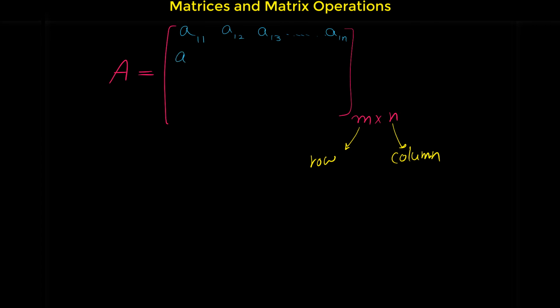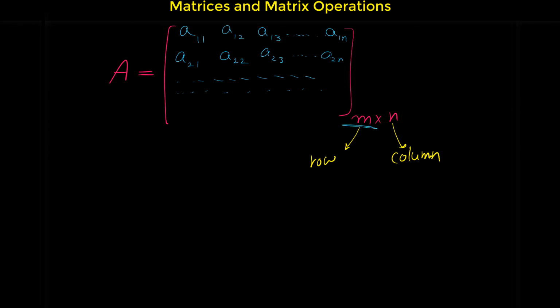The next row is A21, A22, A23, and goes till A2n. And the rows continue till we get to the last row. What is the last row?